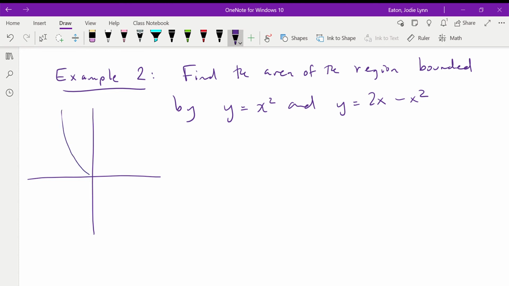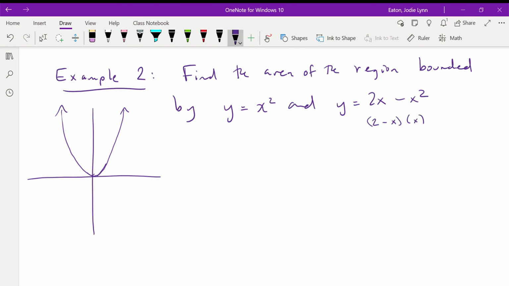So I'm going to sketch a parabola. You're never allowed to forget how to sketch a parabola. That's my y equals x squared. Y equals 2x minus x squared. I have two roots. So my roots are x equals, so I have (2 minus x) times x.